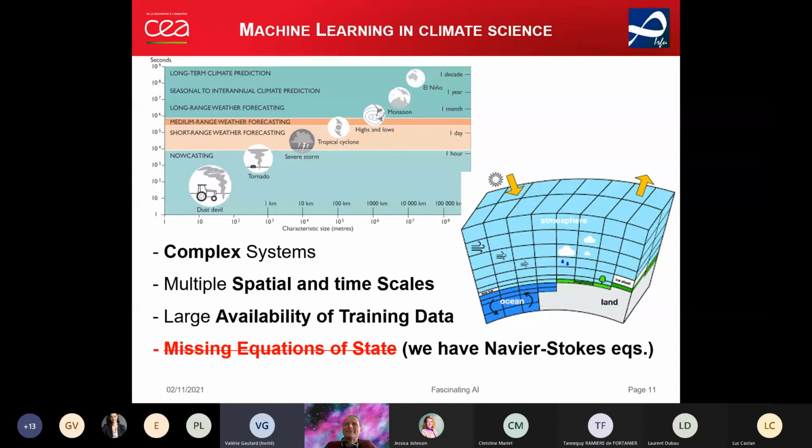Sometimes, in other cases, you don't have equations, and you take machine learning methods because you have no other solution. But here we are lucky because we have the equation of state, we have data, and there is a lot of data since many years. Why use AI? Next slide, please.